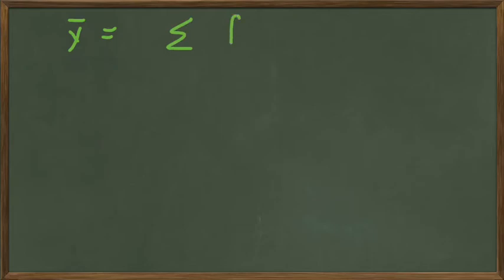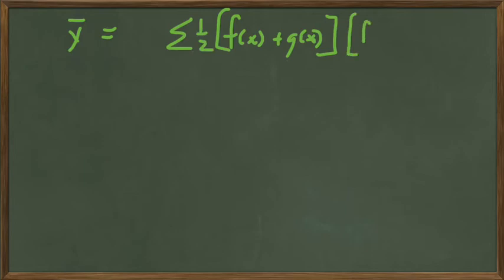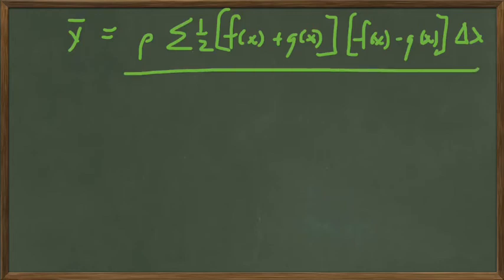Instead of, remember we had x here, now we've got f of x plus g of x over 2 is the y center mass of the rectangle times the height of the rectangle times its thickness times the rho, and then we divide in the denominator by the same thing.